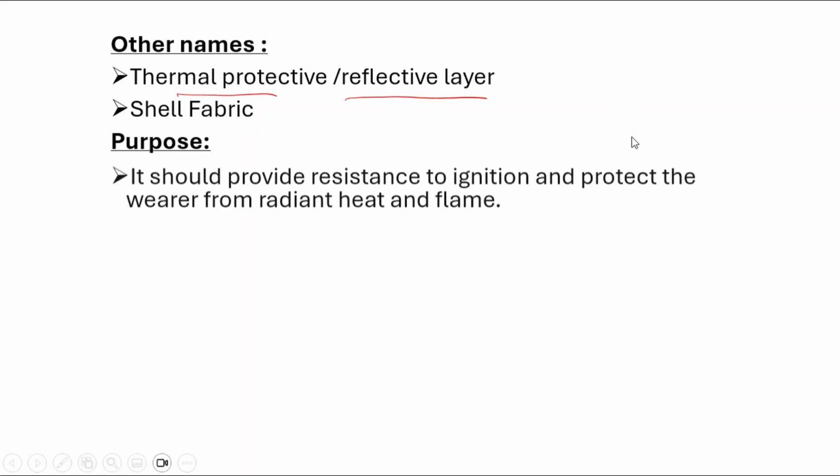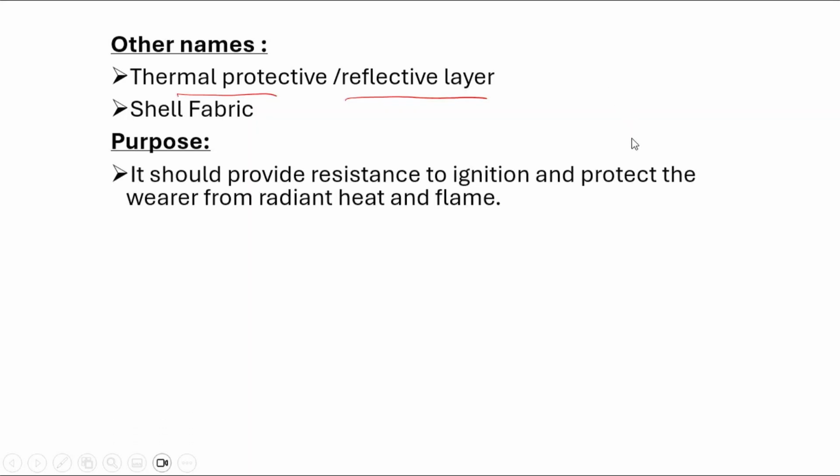The purpose here is that it should provide resistance to ignition and protection from the different radiant heat and flame. So, it protects the wearer from radiant heat and flame. It should not be flammable.